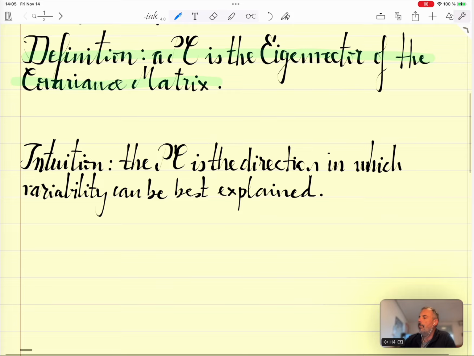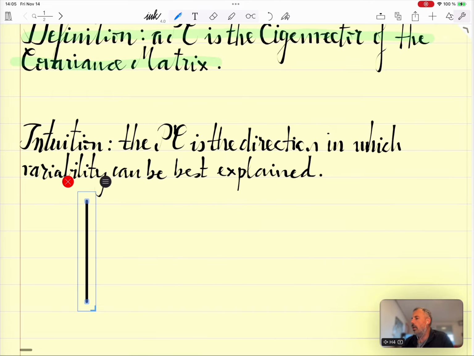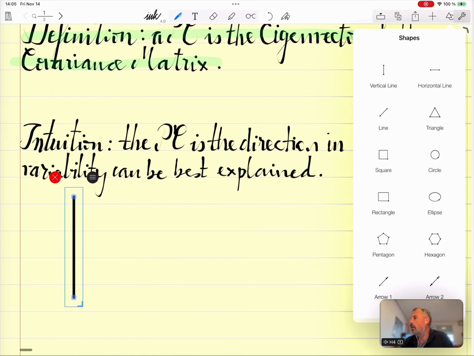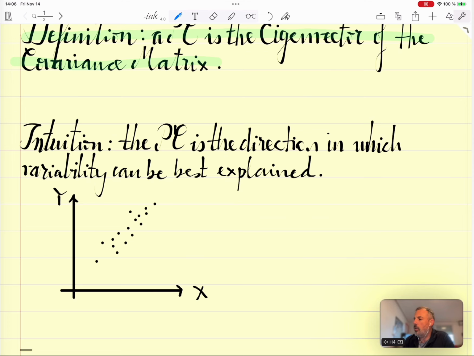So we look at the data set. Imagine just in 2 dimensions, just to get the intuition of it. Imagine we have a data set with 2 KPIs, 2 dimensions, and we observe these data points. These data points are like products or something like that in a company.